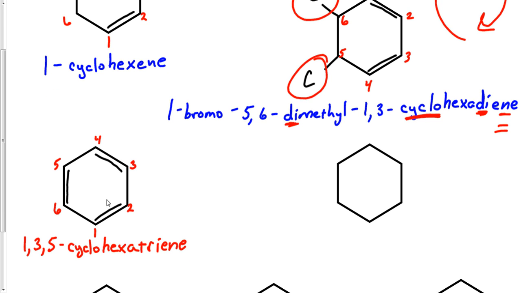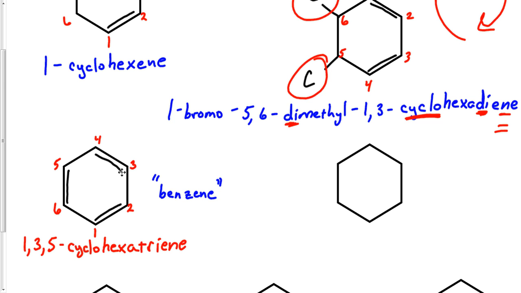But here's the thing. This one shows up so often in chemistry. Like literally, it shows up so often that we just have a name for this. We'll call this a benzene ring. Benzene. So whenever you hear the word benzene, benzene is another way of saying 1,3,5 cyclohexatriene without having to go through all the trouble of the 1,3,5 cyclohexatriene.